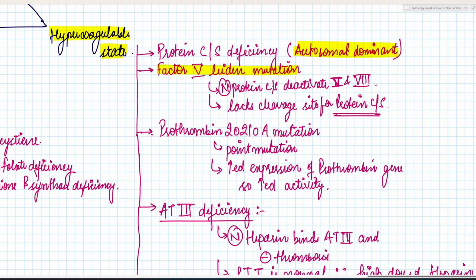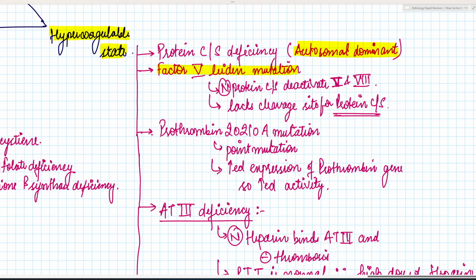Now, why does this cause a hypercoagulable state? Protein C and S, remember, were activated by vitamin K, and these are molecules which bind to factor 5, and they cleave factor 5, making it non-usable, making it inactive.